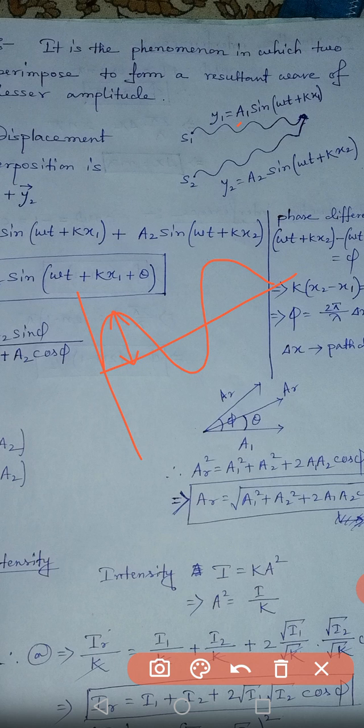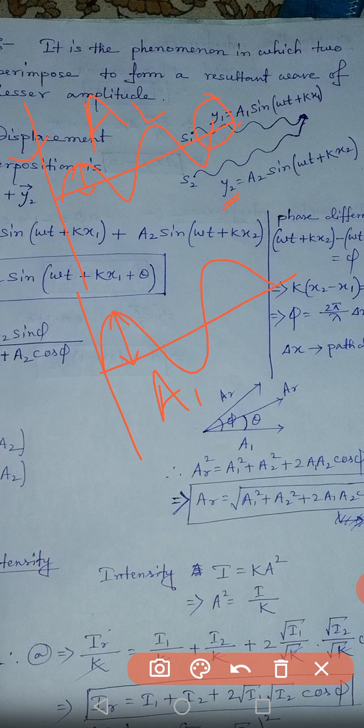Now two waves are considered here. One wave produces a displacement y1 in the medium, and suppose its amplitude is a1. Another wave, with amplitude a2, produces a displacement y2.